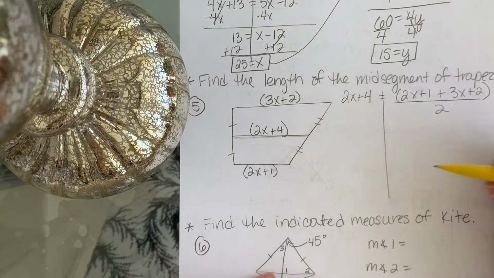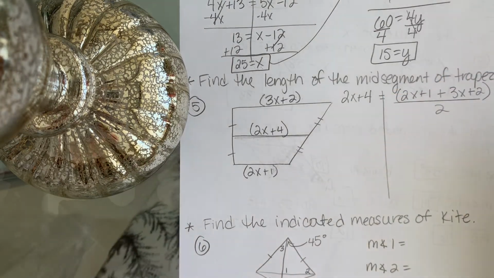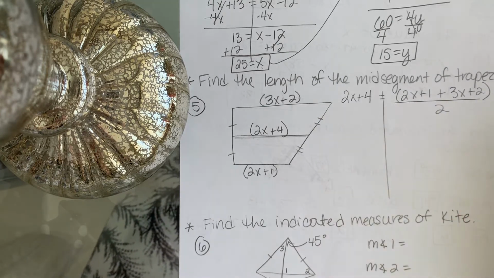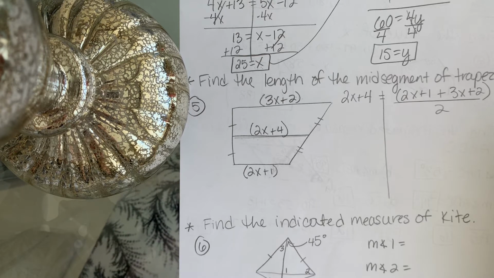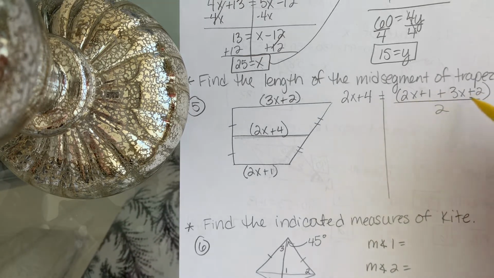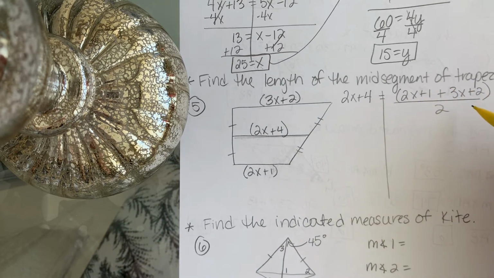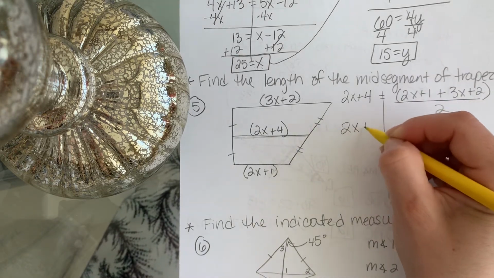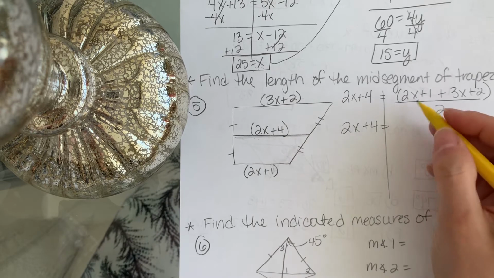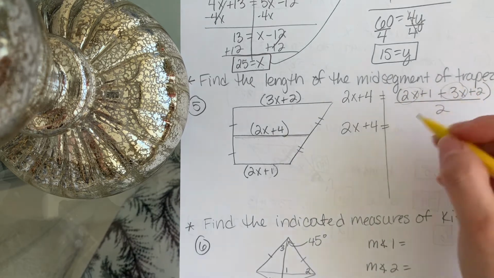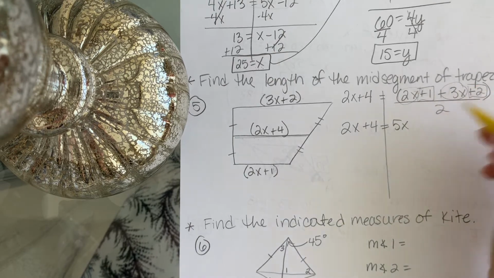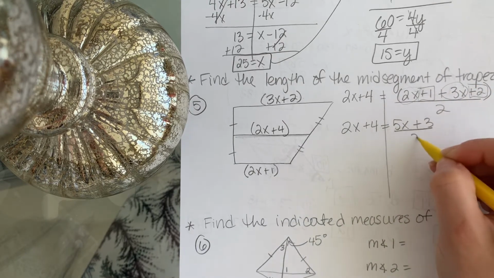Well, we have a very long equation, but nothing we can't handle, and we're going to solve for x. I'm going to simplify the top a little bit and combine like terms so it looks shorter. So I have 2x plus 4 equals, 2x plus 3x gives me 5x, and 1 plus 2 gives me plus 3, over 2.